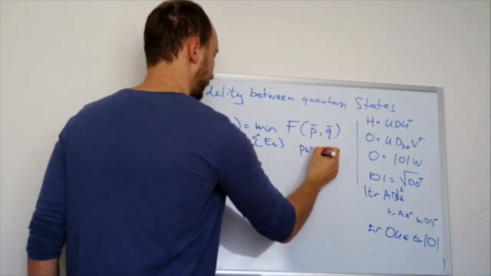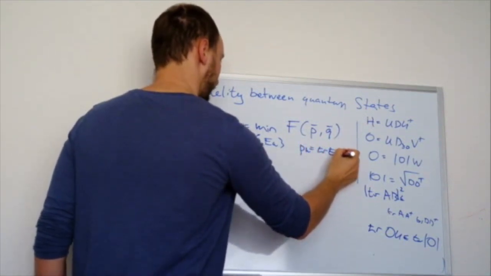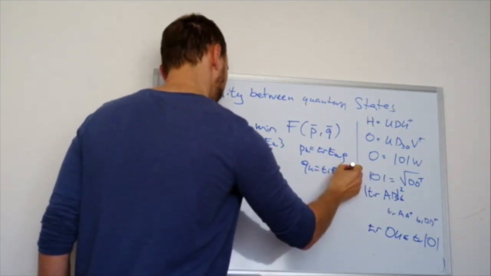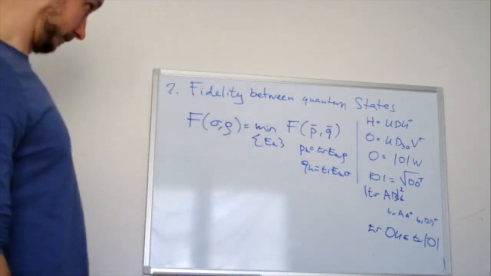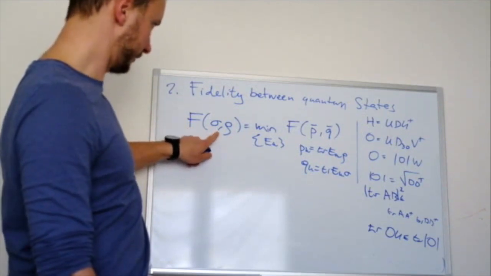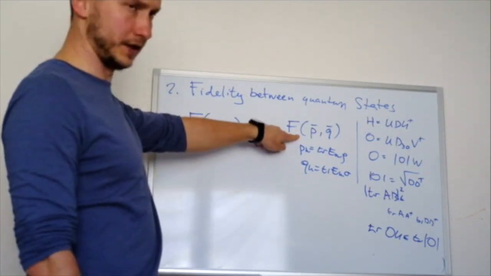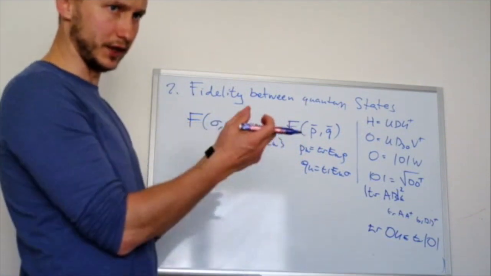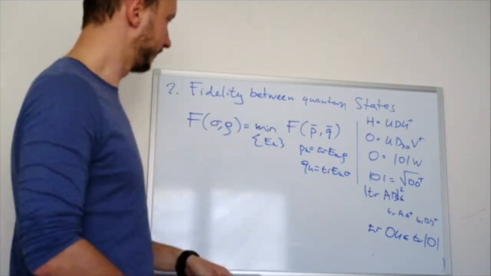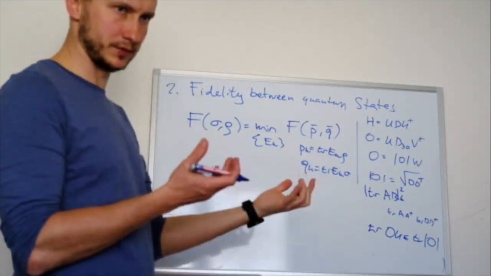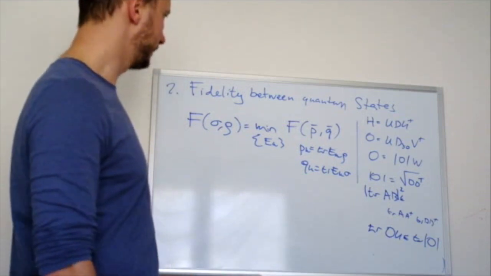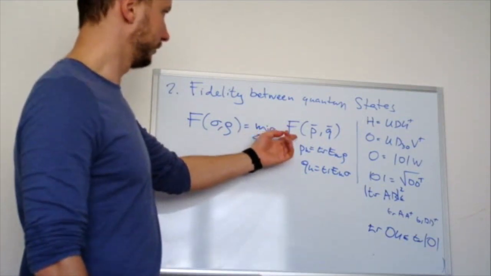where P and Q are precisely given by some POVM E_k, where each P_k is equal to trace of E_k rho, and each Q_k is equal to trace of E_k sigma, right? So in other words, this is just some abstract relation for the moment between operators which you've seen, but it is very clear what this thing is. It just means that we take the two states, we measure them with this POVM, we observe some outcome with some probabilities, and then we define the fidelity between these outcome probability distributions.